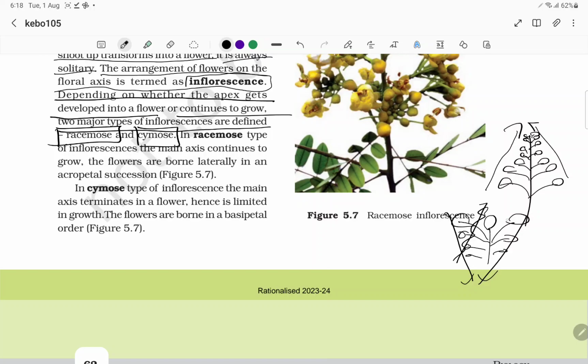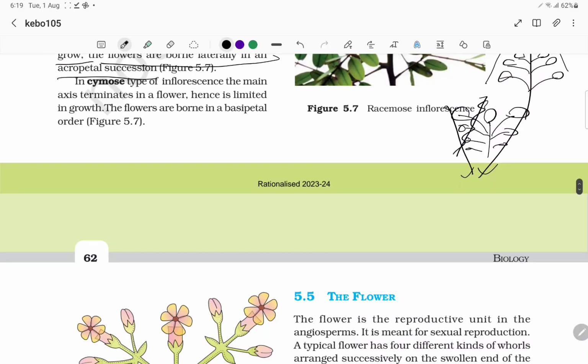This basipetal arrangement is seen in cymose. So as per the NCERT, in racemose inflorescence the main axis continues to grow. The flowers are borne laterally in an acropetal succession. In cymose inflorescence the main axis terminates in a flower, hence is limited in growth. The flowers are borne in basipetal order.